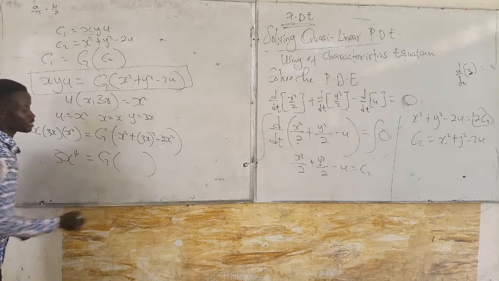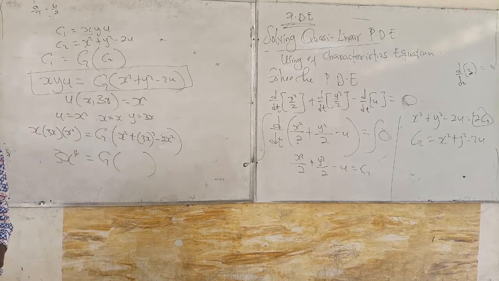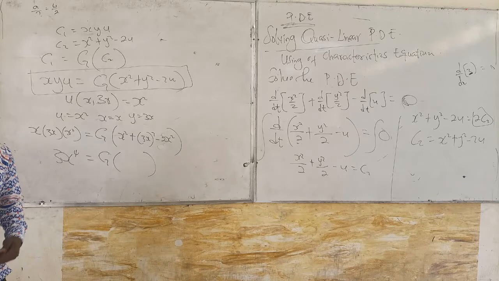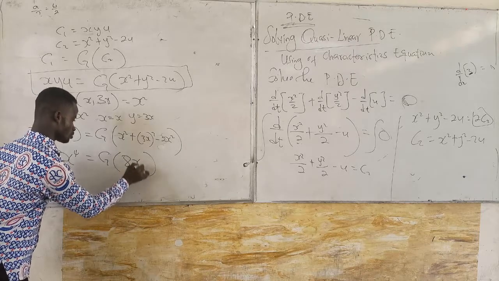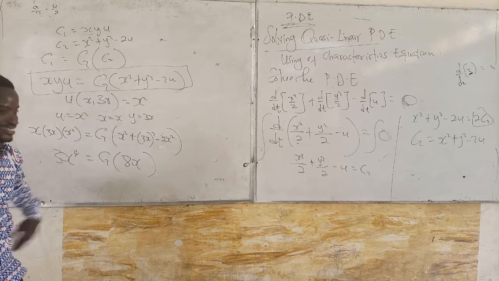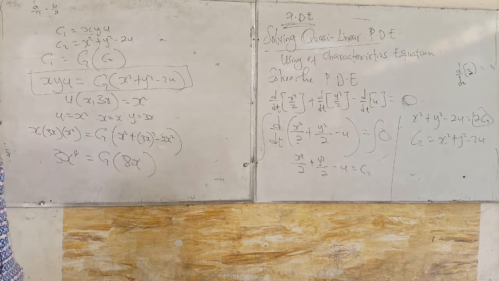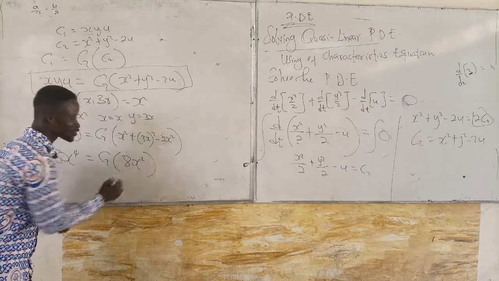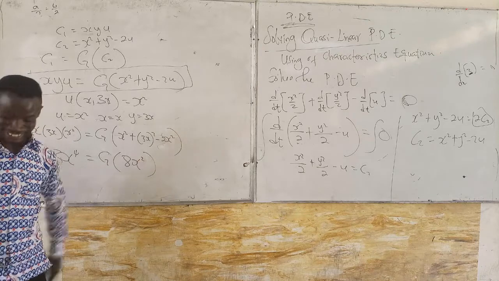What is going to be the answer? 8x. That is 2x squared. Now even this is what? 8x squared.